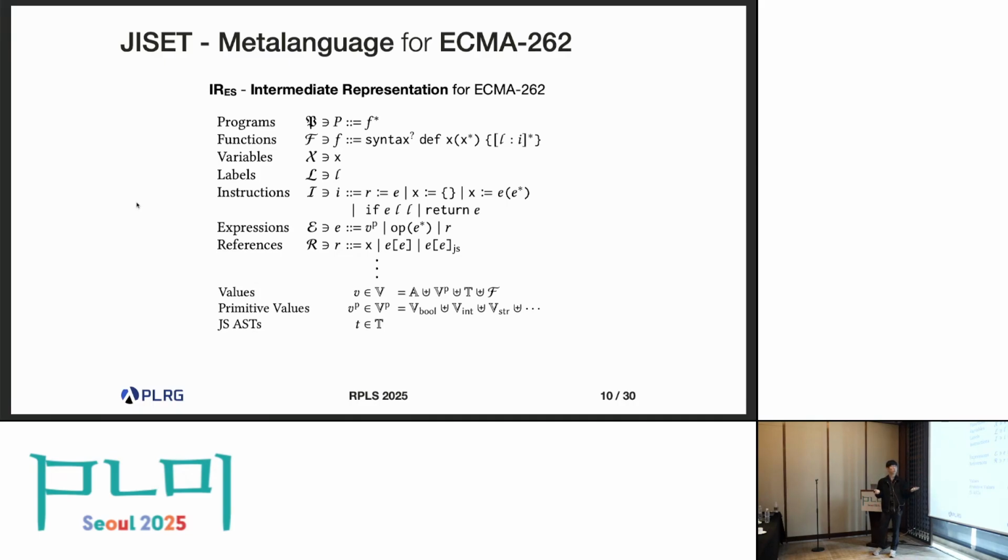Our meta language supports first-class functions and first-class continuations in a restricted form. And since this is a meta language for the specification, we also treat JavaScript ASTs as values, like this. This is a special point: the meta language is only for the JavaScript specification.